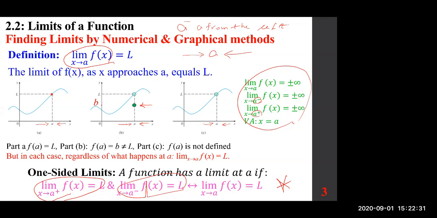The first one, f of a equals L, which makes it a continuous function. In the second case, f of a is not equal to L, which makes it a discontinuous function at x equals a. But f of a is defined as B. In part C, we don't even know what f of a is. So I hope it's clear.